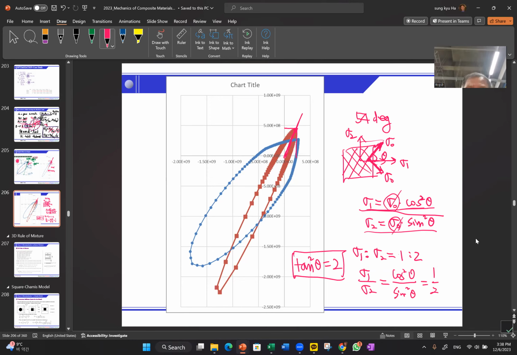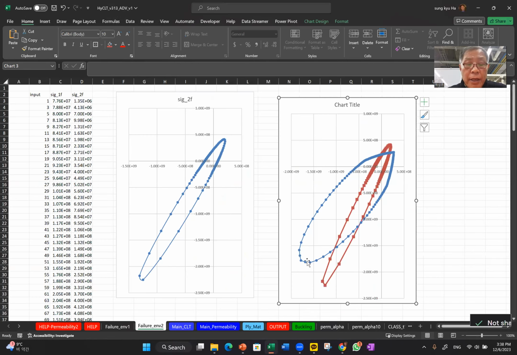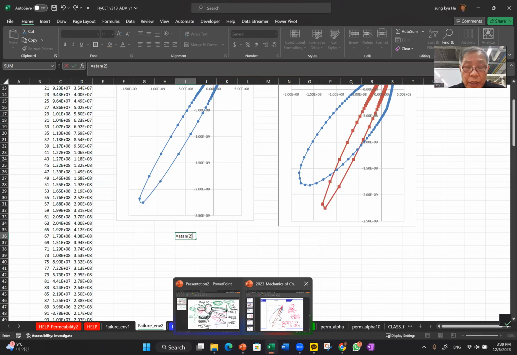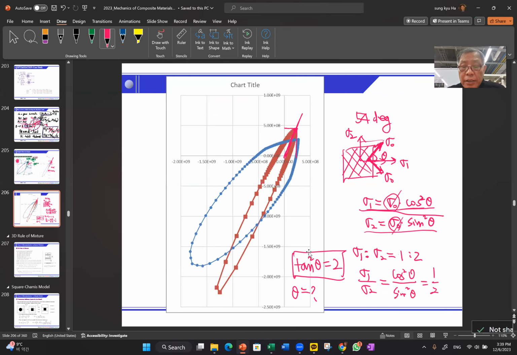Then what is theta here? These are very simple equations. Then theta is the arc tangent of the number 2. No, yes, it was 2. Okay, I'm gonna show that equation. This is tangent squared. Oh, sorry, root 2.